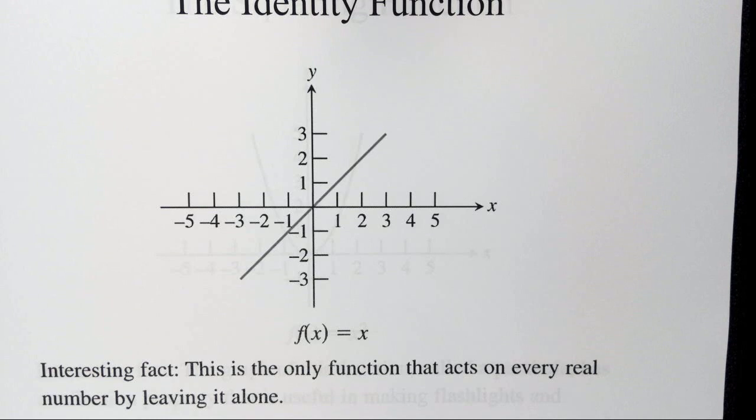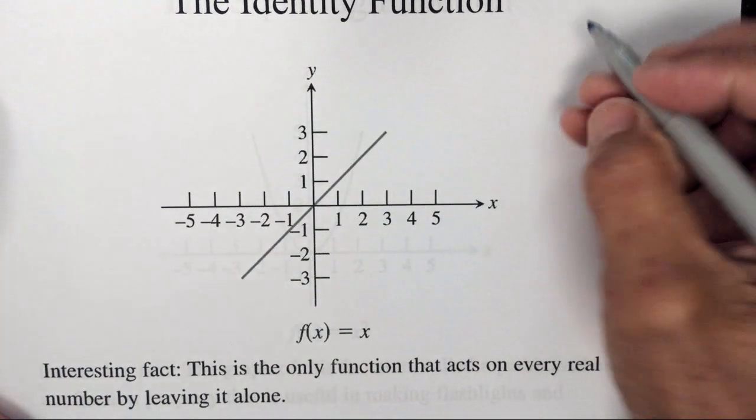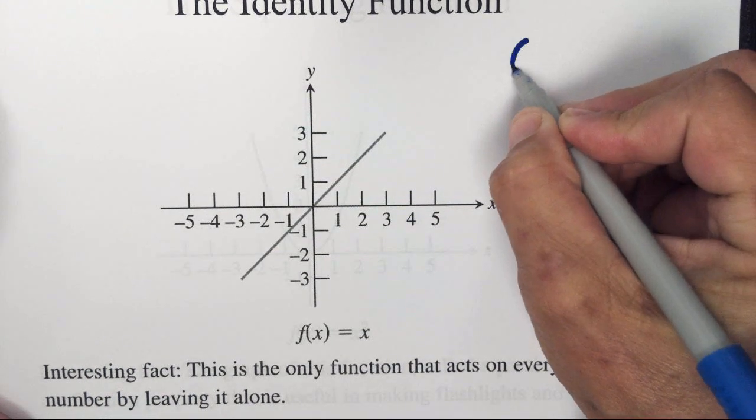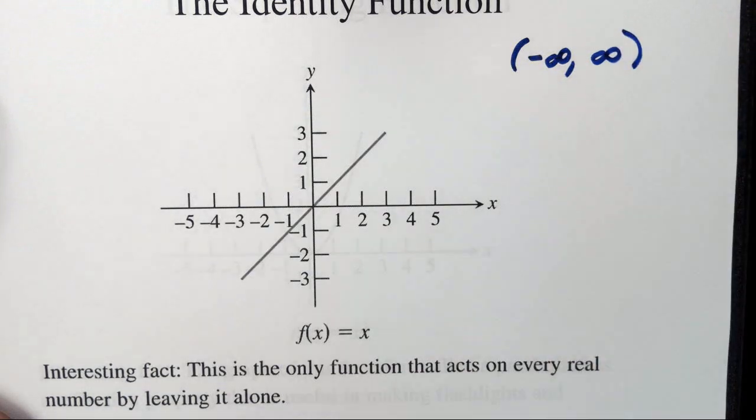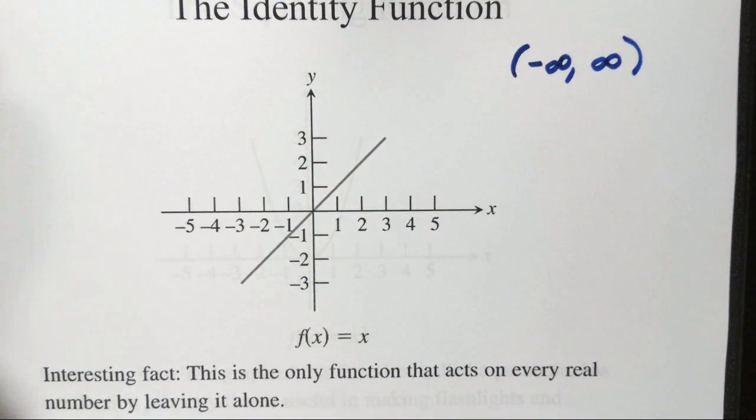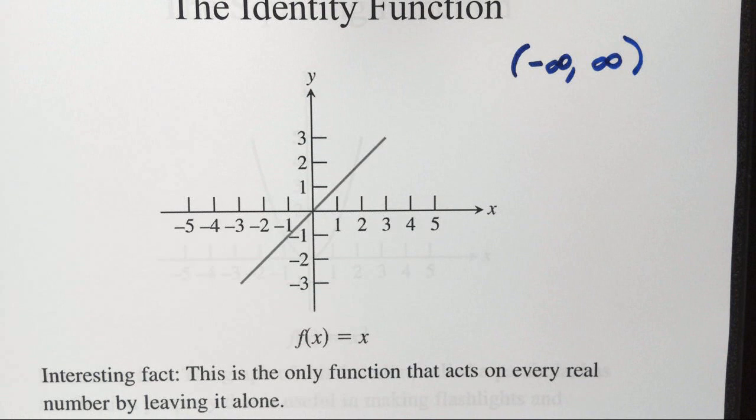So, our brain says all real numbers. Our heads think all real numbers. But remember, what are we going to write on a blank when we're thinking and saying all real numbers? Negative infinity to positive infinity. Negative infinity to positive infinity. Okay? For both domain and range. Please remember, if you are writing interval notation, it has to go from left to right for domain and bottom to top for range.